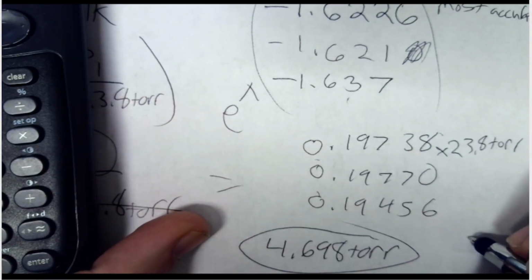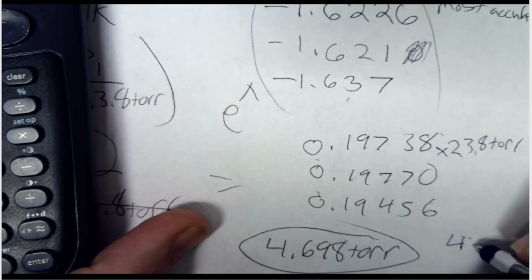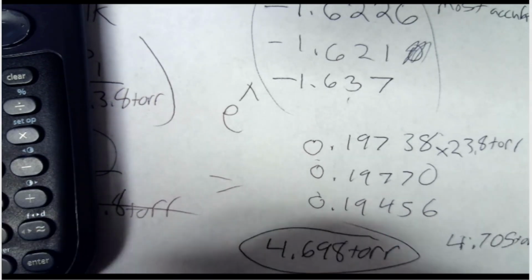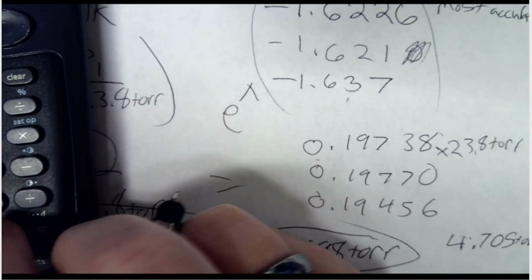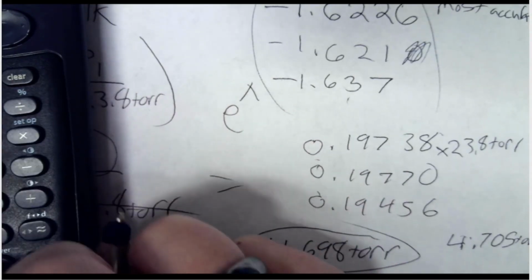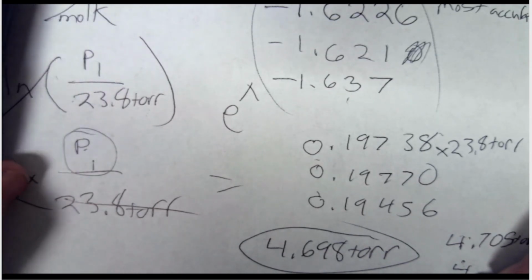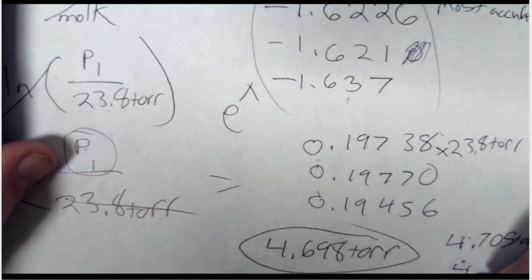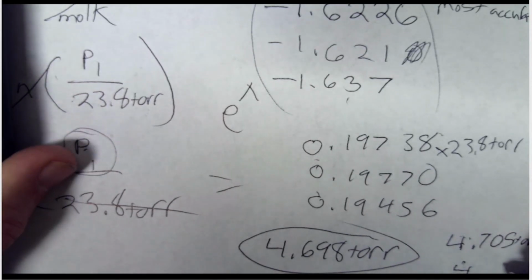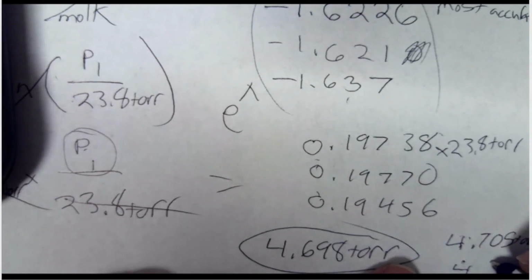So the second one, which is still somewhat accurate, 4.705 torr. Let's see, 0.19456 times 23.8. We get 4.631.